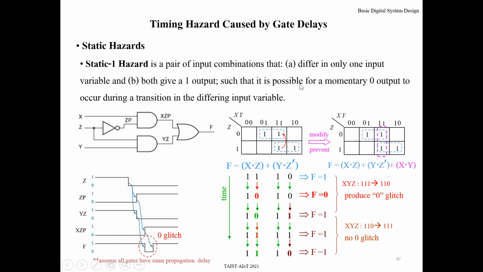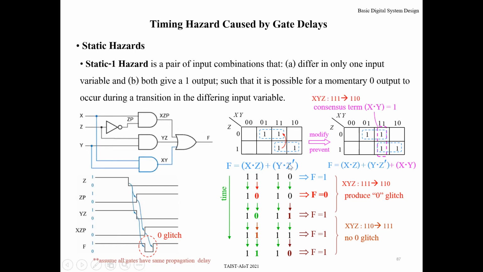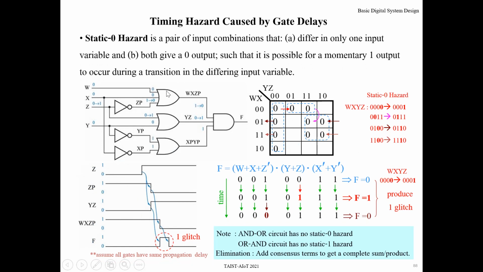That means if you want the circuit to have no static hazard, you must use the complete sum, not the minimal sum. Similarly, if your circuit is in product of sums form, two-level OR-AND, the static 0 hazard may occur when your input changes from this to this, or from this to this, or from this to this.